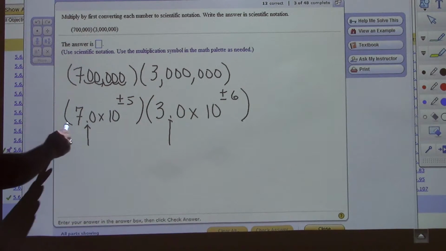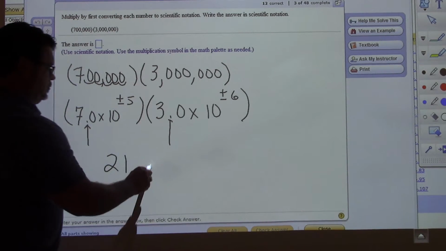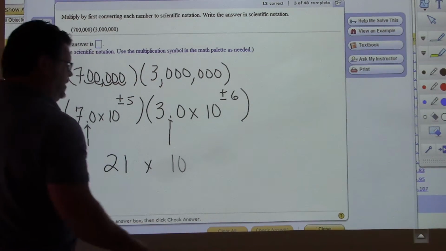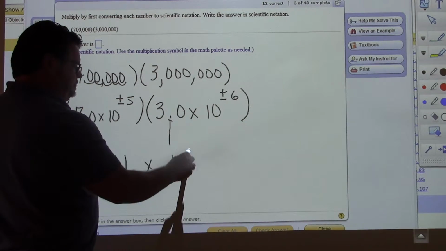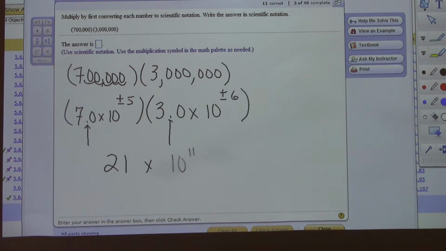So, what's 7 times 3? What's 5 plus 6? 11. Is this in scientific notation? No. So, you need to put it in scientific notation. I don't know what they asked for. It says use scientific notation, so they want you to write the answer in what?